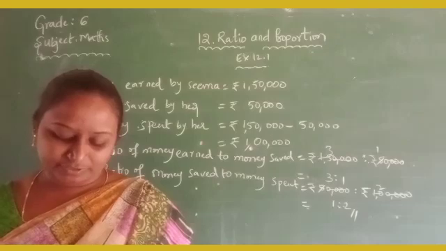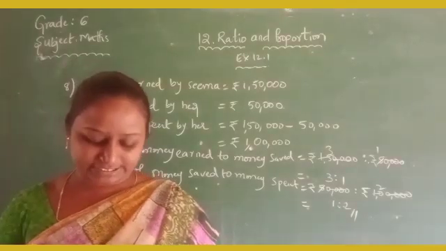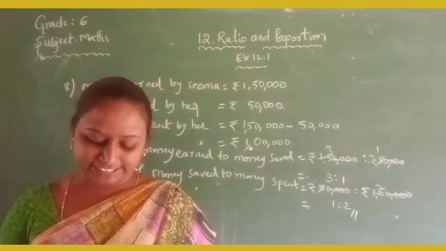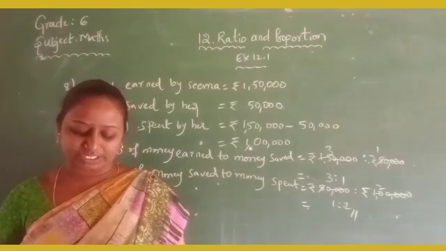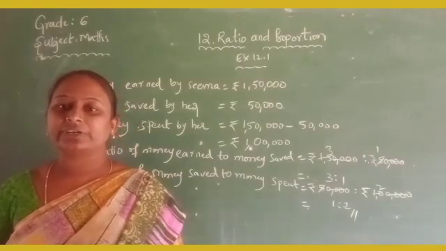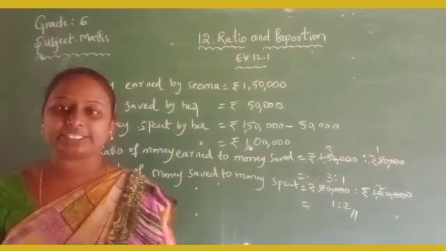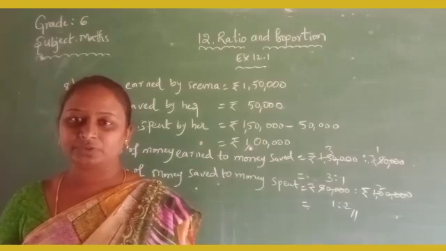Next, come to question number 9. There are 102 teachers in a school of 3,300 students. Find the ratio of teachers to the number of students. Same as before. How many teachers are in the school? 102 teachers.